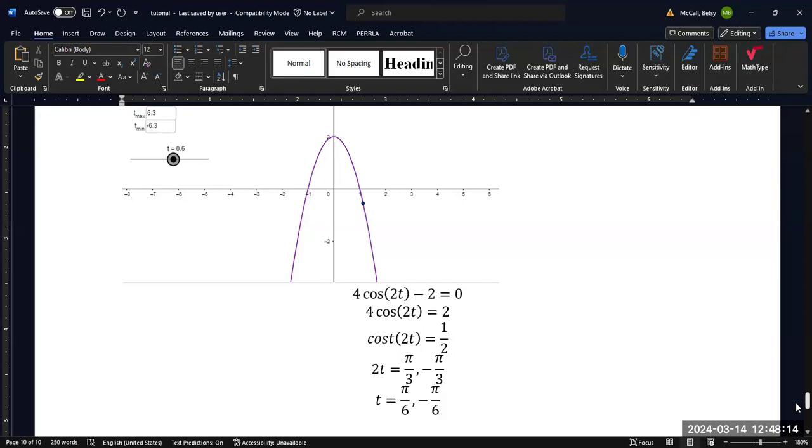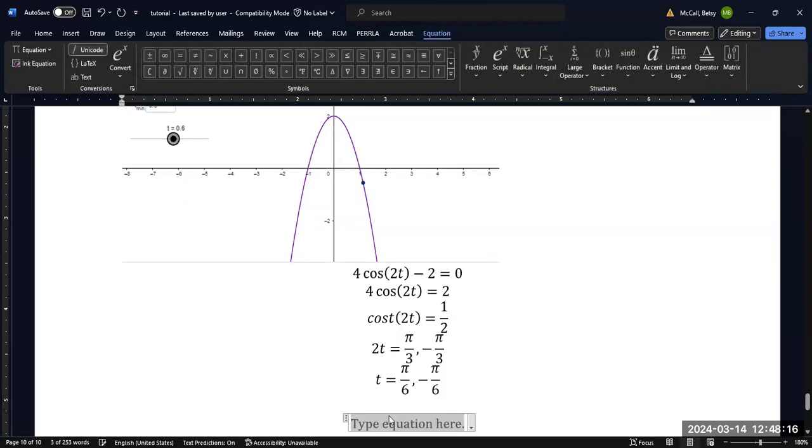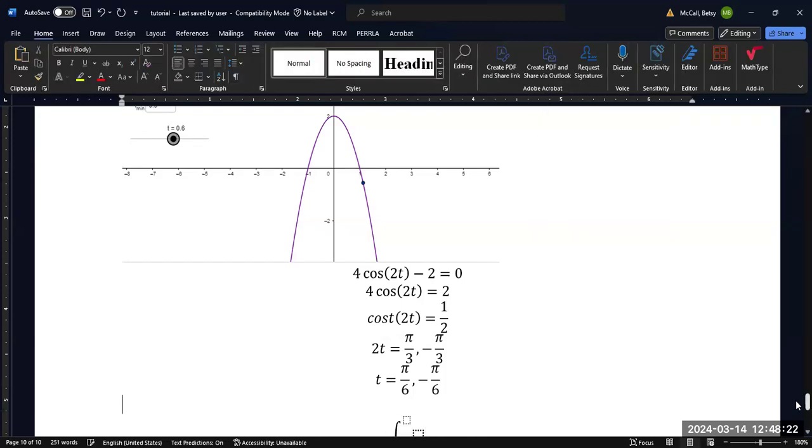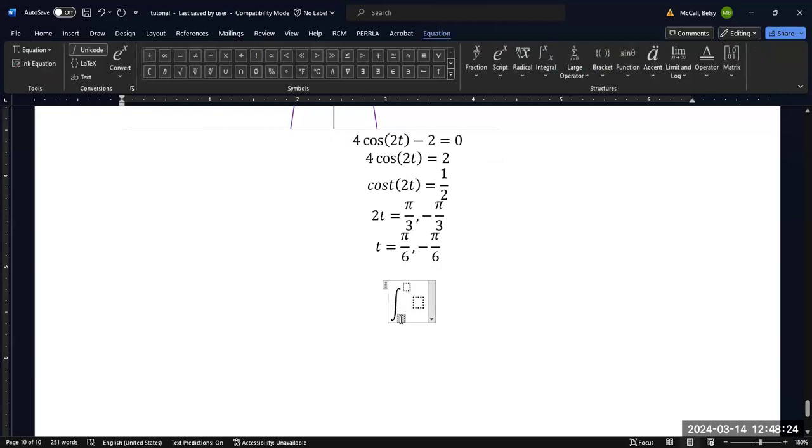So we're going to go ahead and set up our integral. Now, to do the integral for the area under the curve, we are going to integrate between our two t values, negative pi over 6 and pi over 6.